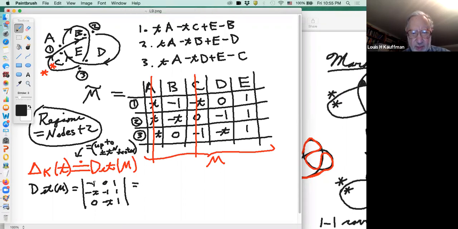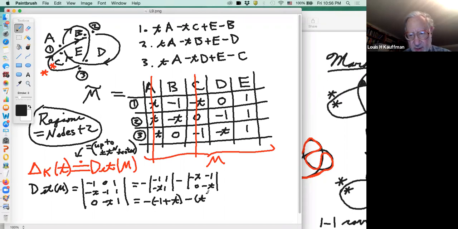And that's equal to, let's see, minus the minor, minus 1, 1, minus T, 1, plus minus the minor, minus T, minus 1, 0, minus T. So that's equal to minus 1 plus T minus T squared, and that's it. So this is equal to 1 minus T minus T, let's see, 1 minus T squared.